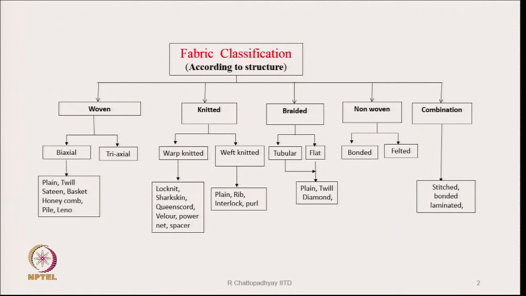Then in non-woven, we can have biaxial and triaxial. In knitted, we can have warp knitted and weft knitted. Braided, we can have tubular braid or flat braid. Non-woven, we can have bonded and felted type, and in combinations we can have stitched, bonded, laminated.